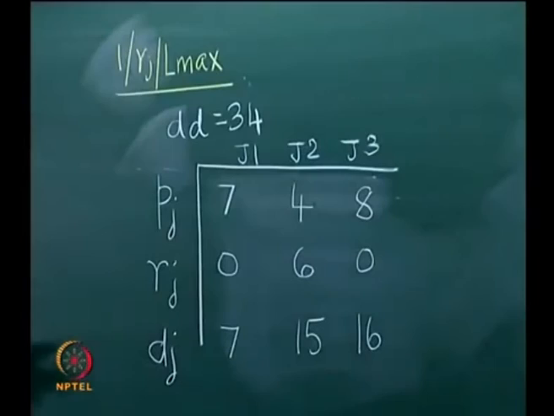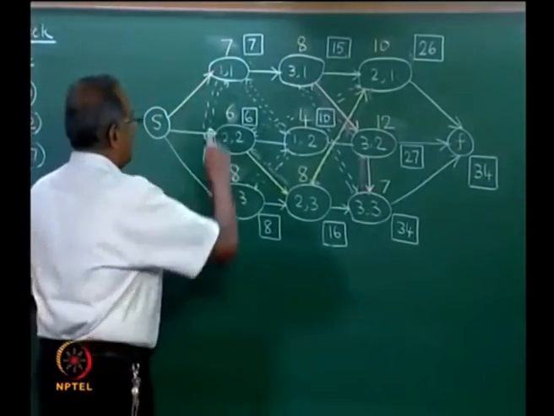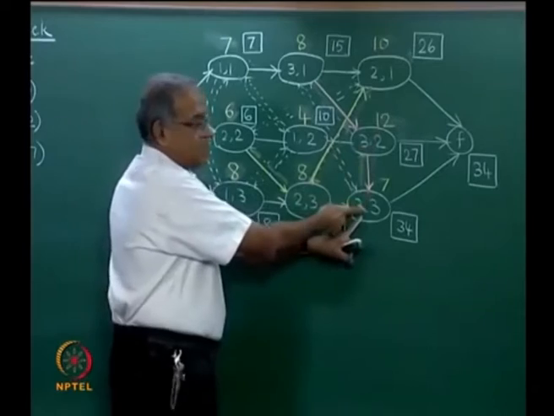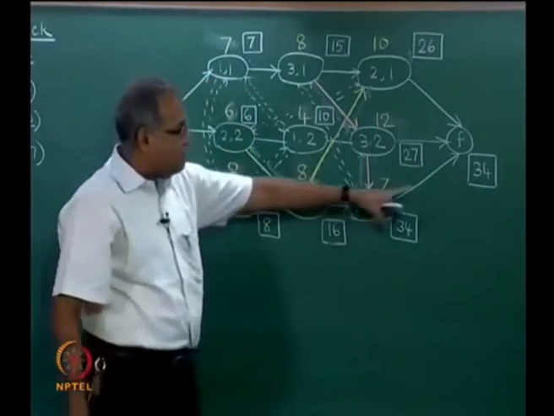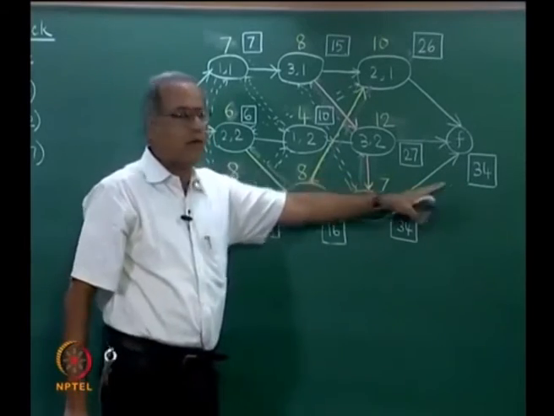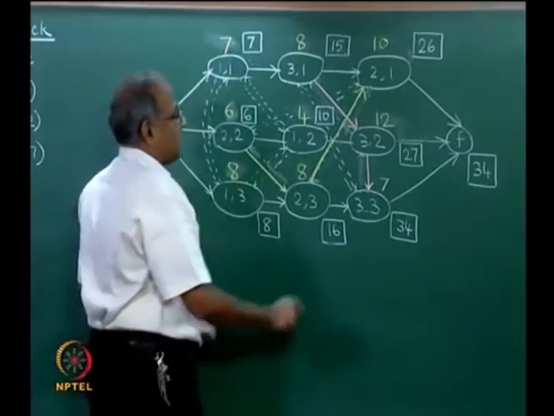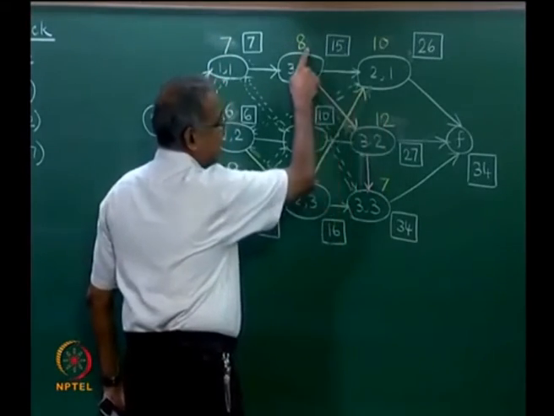So let me again explain the computation of the due dates. J1 on M1 is here, and the longest path is 7 plus 8 15 plus 12 27 plus 7 34, which gives us this 34. So in order to meet this deadline of 34, this should be over by time equal to 7 plus 12 19 plus 8 27.